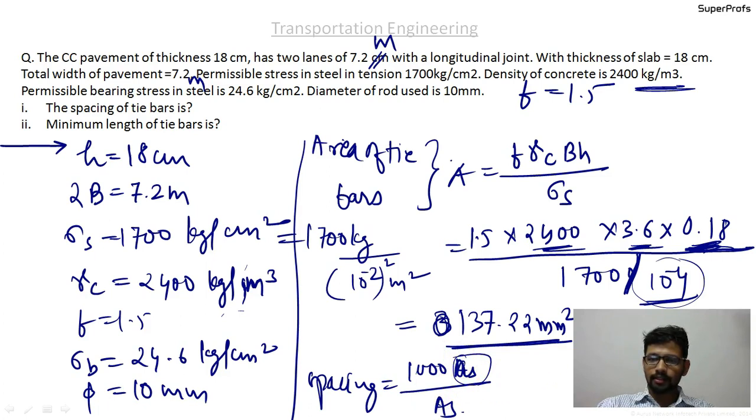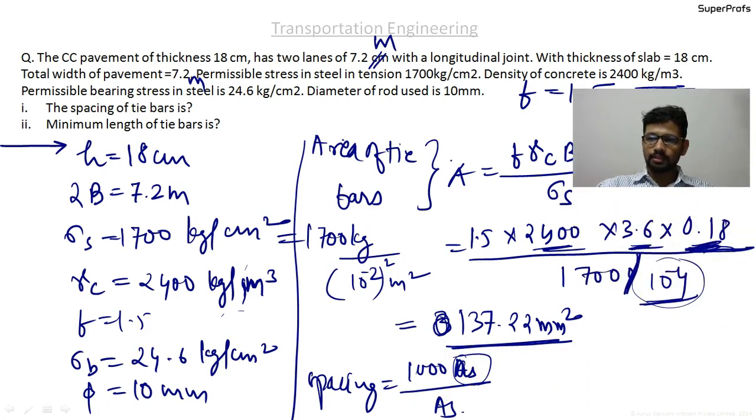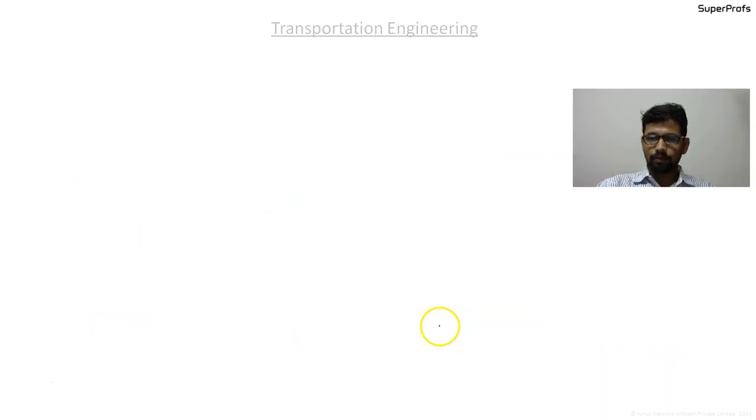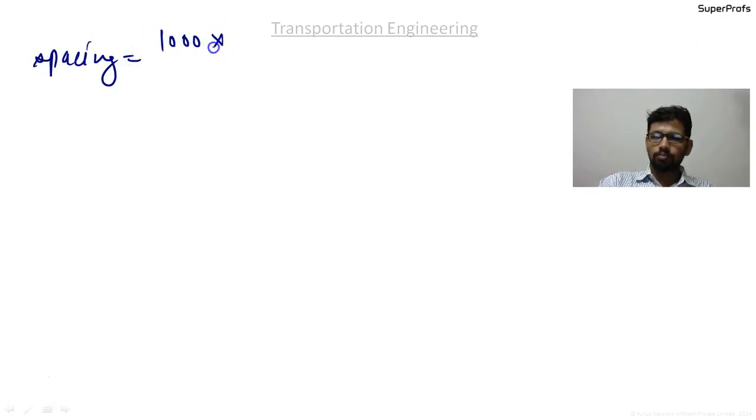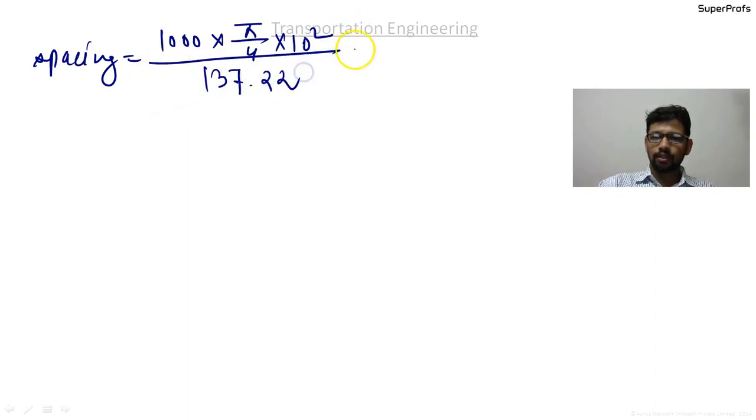We don't know the small a_s, but it can be found out from pi by 4 into 10 square. Therefore the spacing will be equal to 1000 into pi by 4 into 10 square upon 137.22, all in mm square and mm.